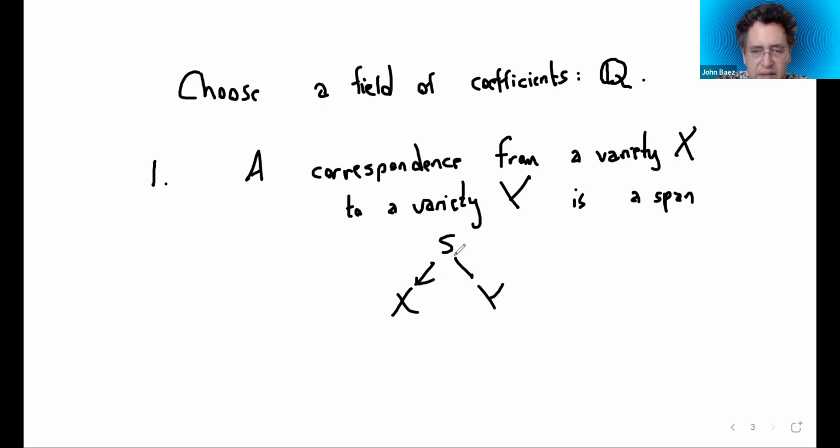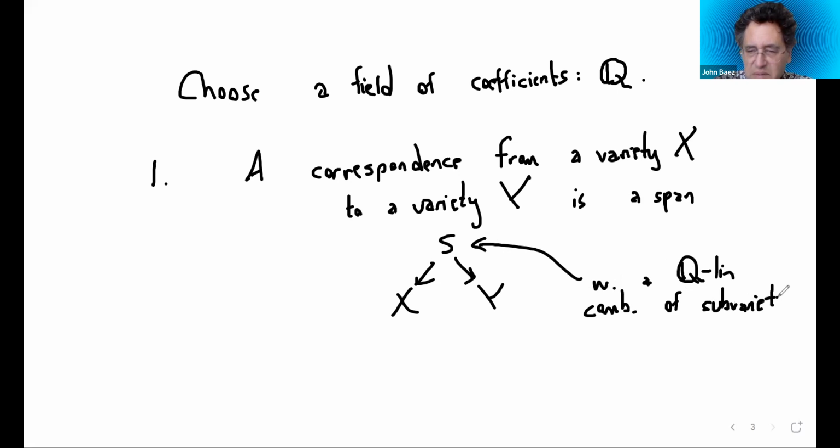And then this apex is equipped with an algebraic cycle, by which I mean a linear combination with these coefficients, a Q-linear combination of subvarieties of S. I'm getting too worried about whether they are allowed to be non-smooth or not.